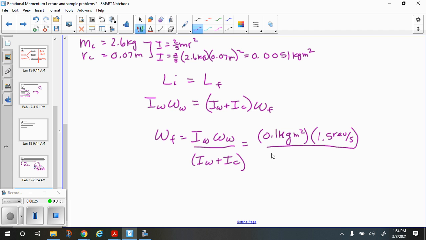And then down here we have 0.1 kilogram meters squared plus 0.0051 kilogram meters squared. And so you can calculate that out. I just did it in variables on my paper, so let me calculate it really quickly.